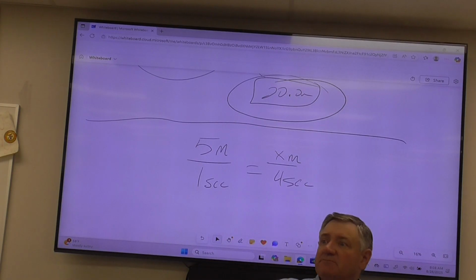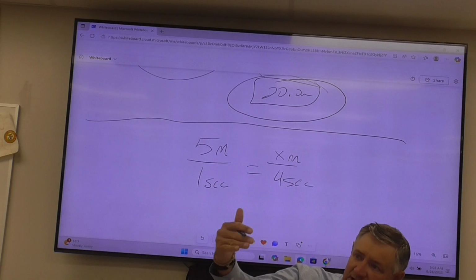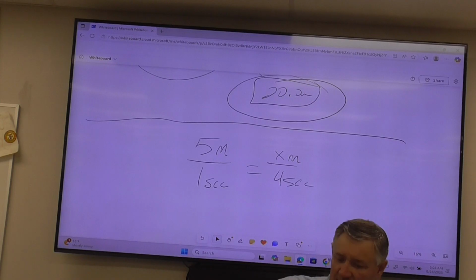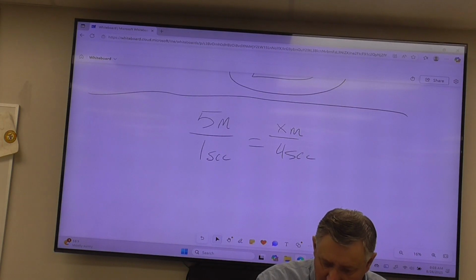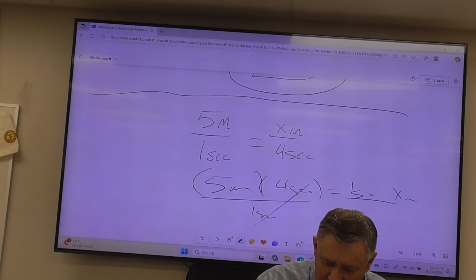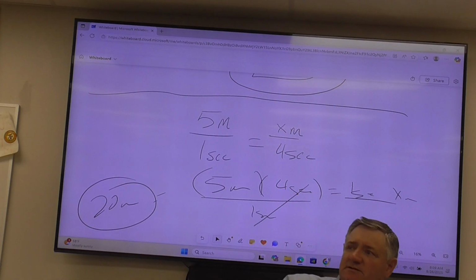So 5 meters per 1 second equals X meters over 4 seconds. Oh, you've done this before. You cross multiply. So 5 meters times 4 seconds equals 1 second times X meters. We'll divide both sides by 1 second. The seconds cancel out. I get 20 meters.